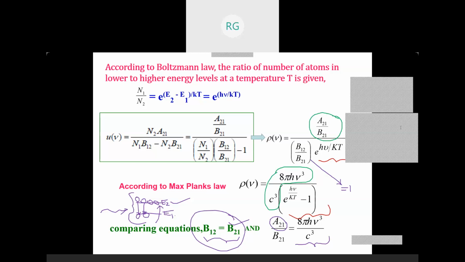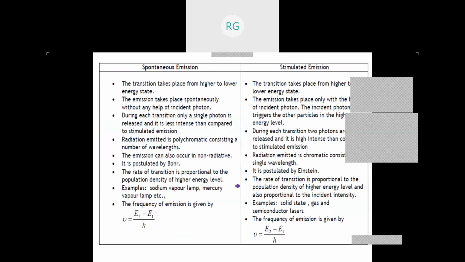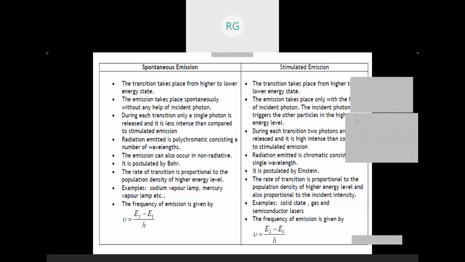So now we will go to the next slide and see how it happens. Now we have seen spontaneous emission and stimulated emission, and I am comparing them. Spontaneous emission always gives incoherent light, whereas stimulated emission gives rise to a coherent beam.